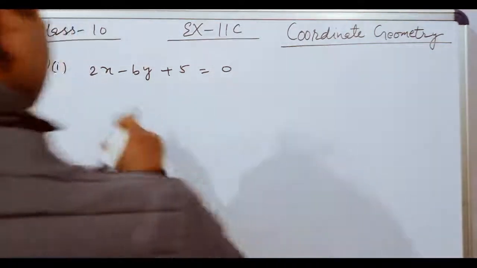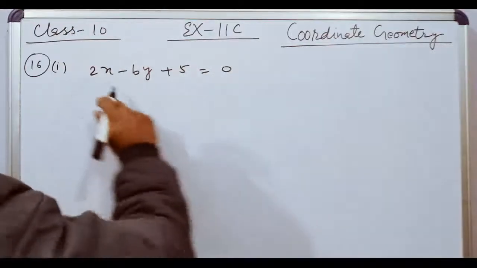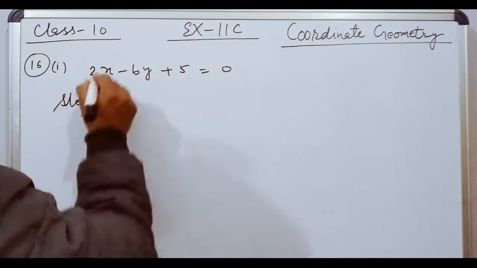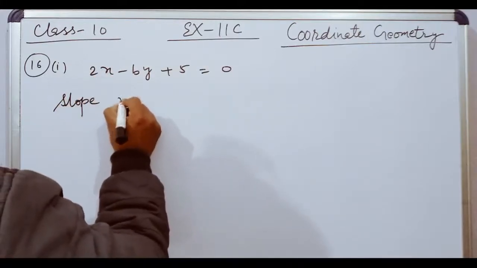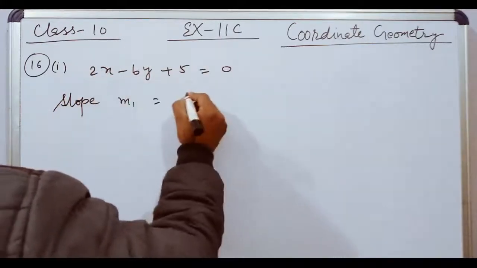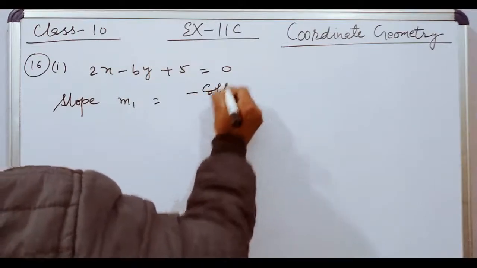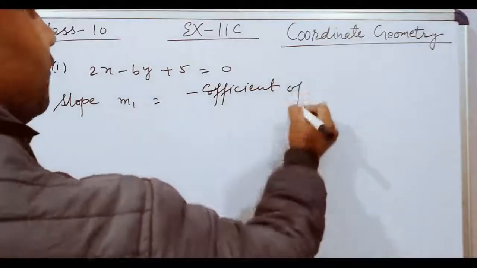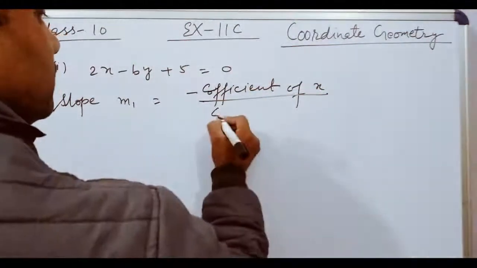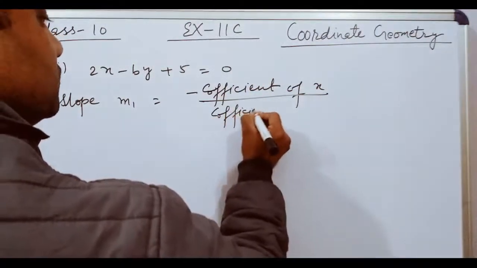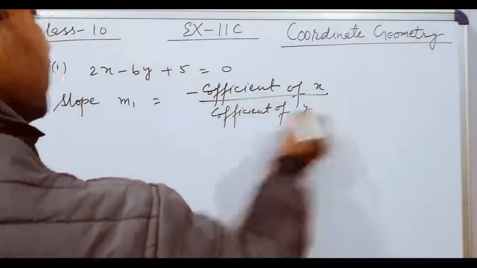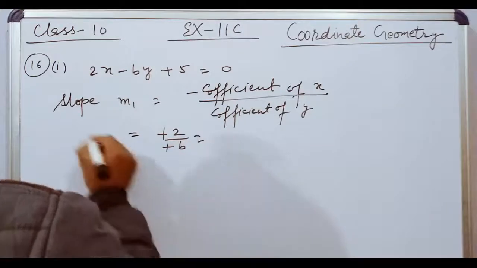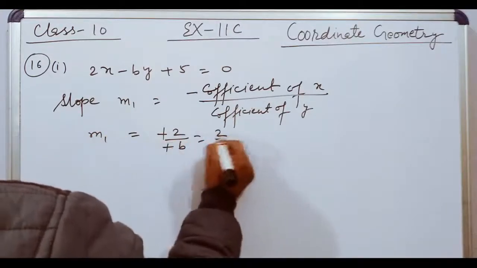First we will find the slope of the first line and the slope of the second line. Slope m1 equal to minus coefficient of x upon coefficient of y. This is minus 2 upon minus b, minus cancels. So m1 equal to 2 upon b.